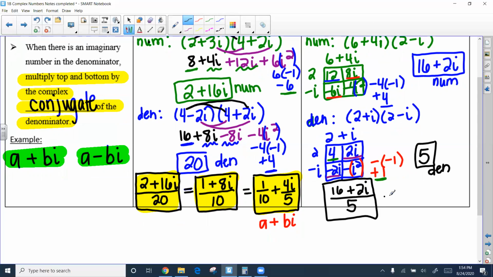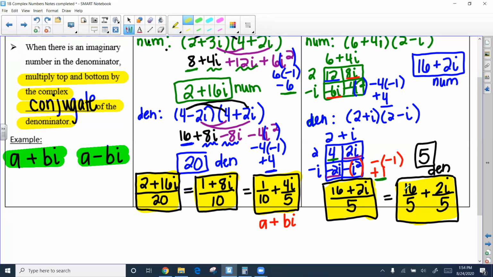The other way you could write this is by putting each term in the numerator over 5 separately, like this, 16 over 5 plus 2i over 5. This one doesn't reduce. None of the fractions reduce, but this is how we would write our answer on number 17, either this way or this way.